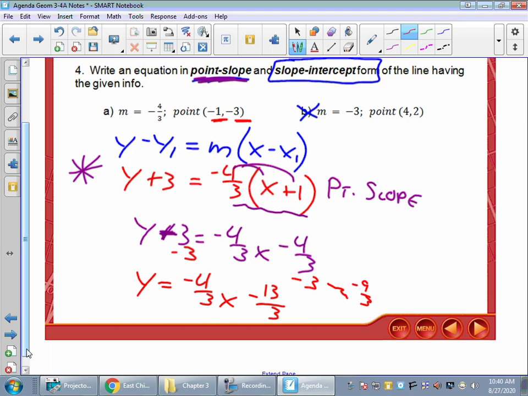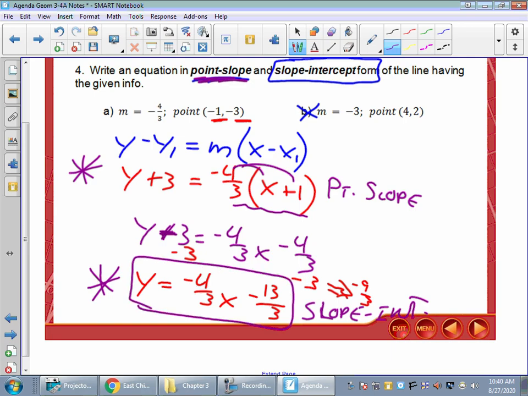Okay, so that's one thing you can do if you need to, or use your fraction key. But right here, you can see that that now is in slope-intercept form, with this answer right here. So you've accomplished both of what they wanted, point-slope and slope-intercept.